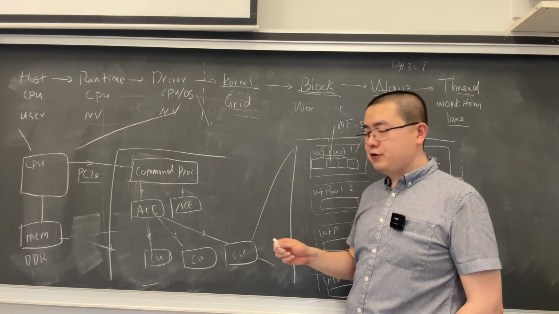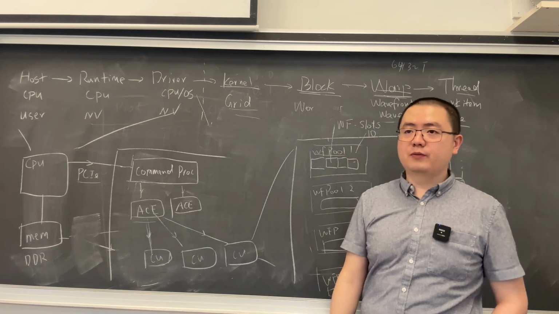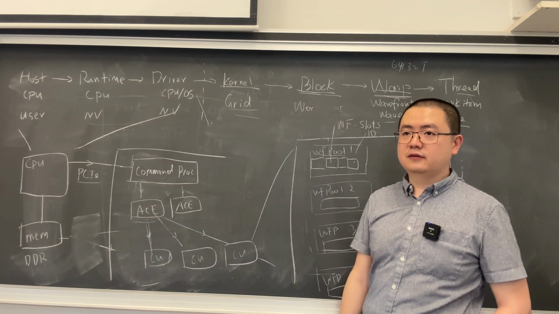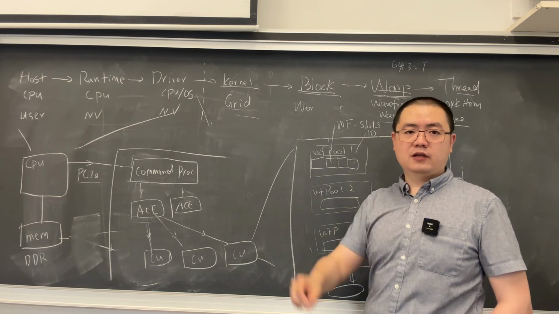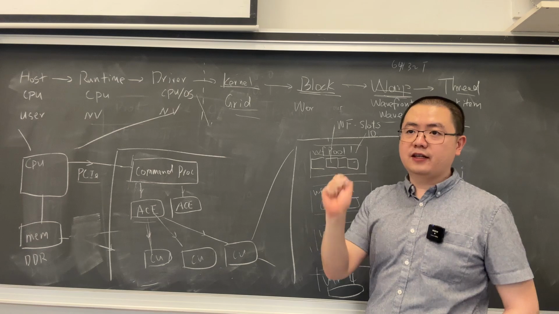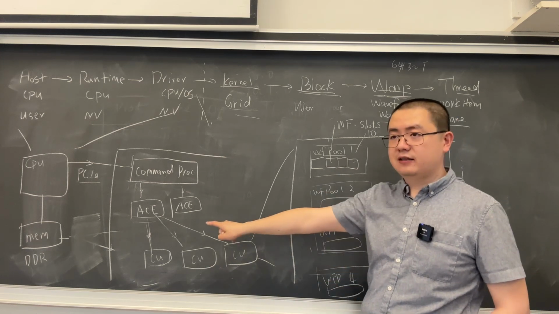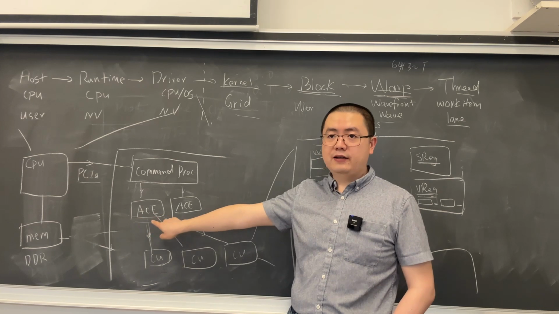So if you write really, really small kernels, ACE can be a performance bottleneck. It's not giving the warps fast enough. And we did measure that proper optimization around ACE can improve the performance.